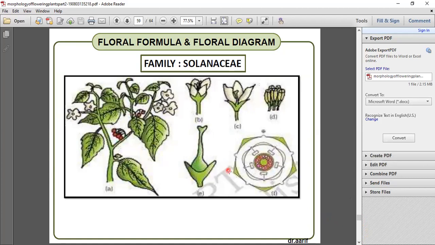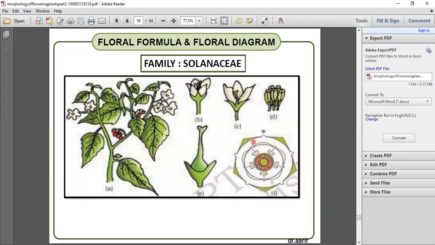So this is the floral diagram where the green part is the calyx, this white part is the corolla, these tablet-like structures are the androecium, and at the center there is a gynoecium.